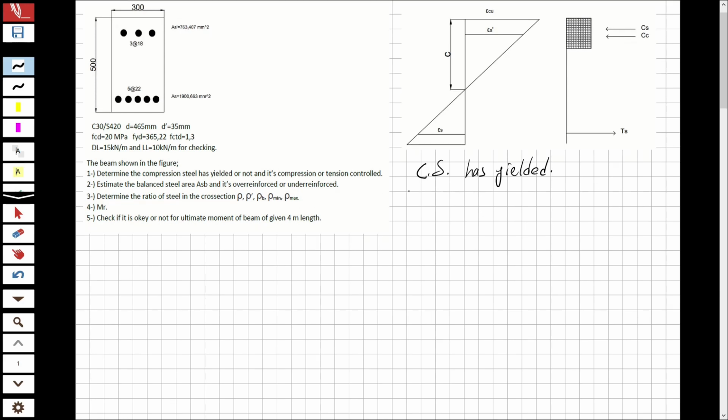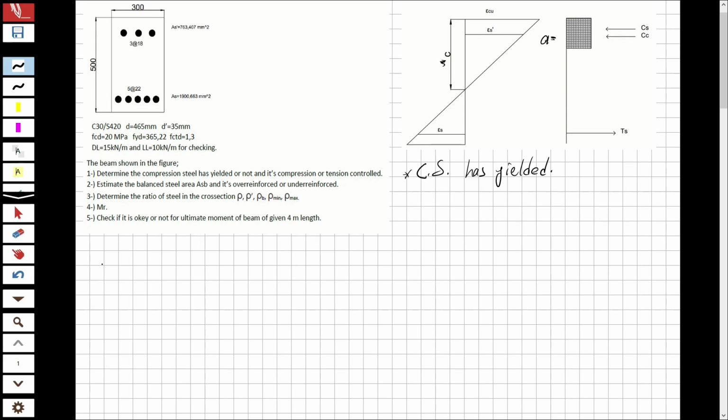Due to this assumption, we are going to obtain a neutral axis C, and we also have A, the effective concrete depth. So now let's solve the question.